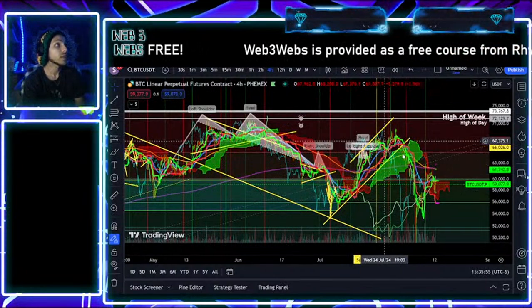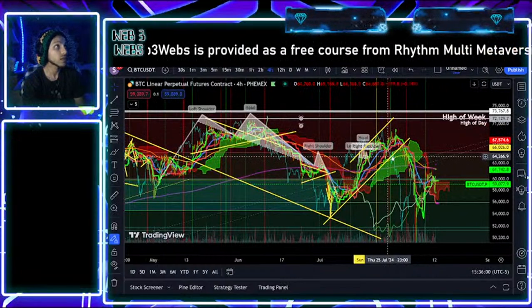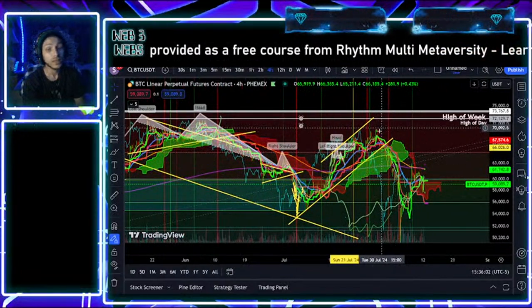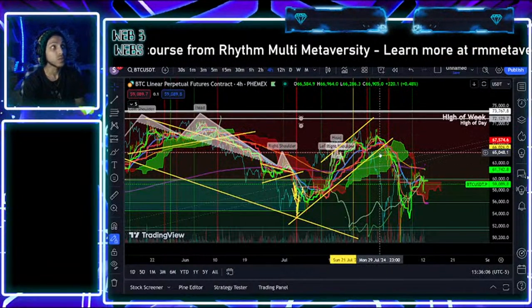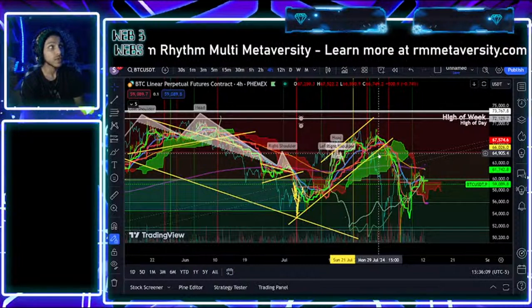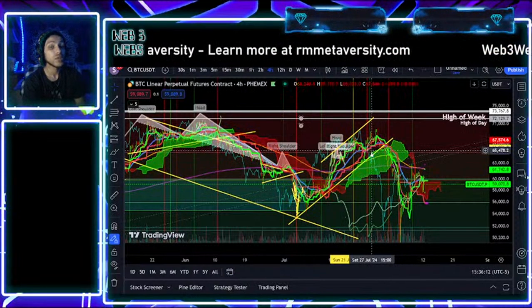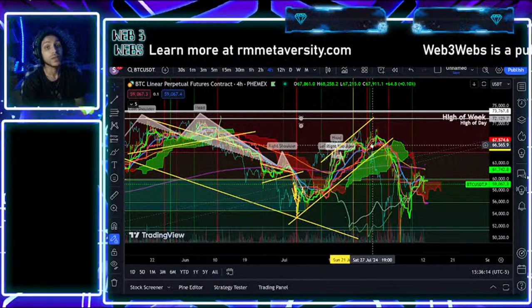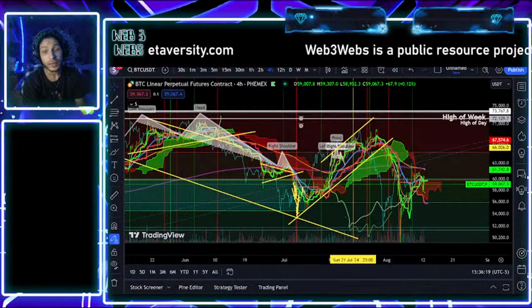We tried to make a recovery, made it almost to 70K here, but got rejected at the 70K level pretty hard. And I made a post on the X app as well as on the comments of the previous videos about how I'm pretty sure that rejection is going to cause a market dump. Now, why did I believe that?